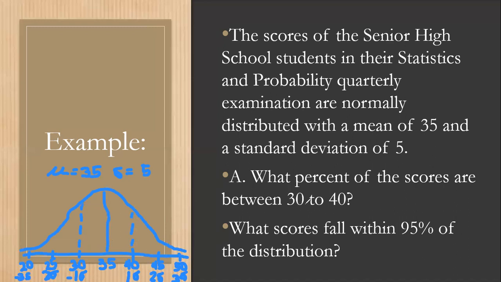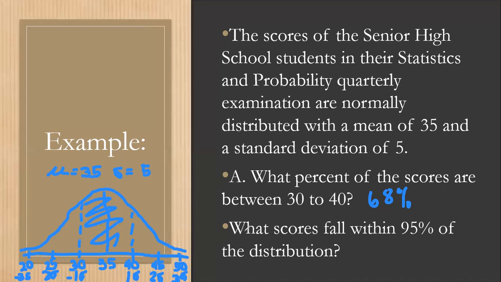So meaning for us to find the percent, that is the area of this curve from -1 standard deviation to +1 standard deviation, and that is actually 68%. Okay, that's correct. The area under the curve is 68%.